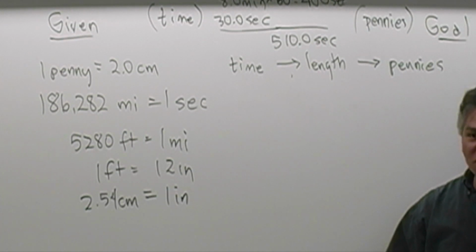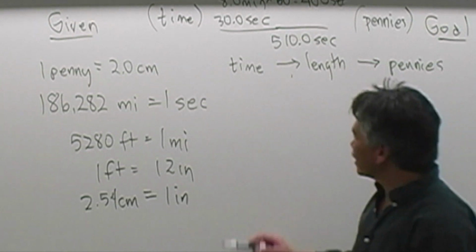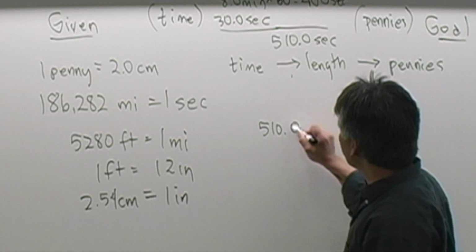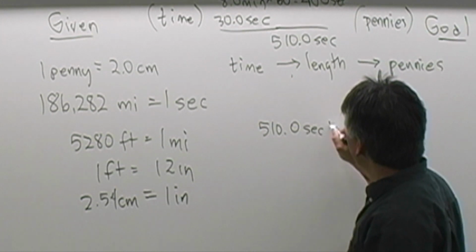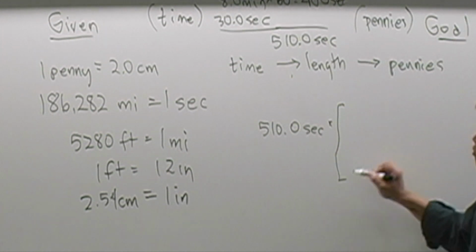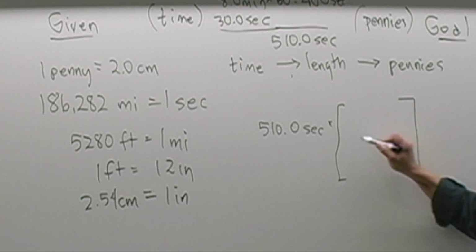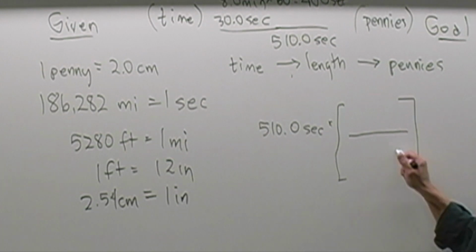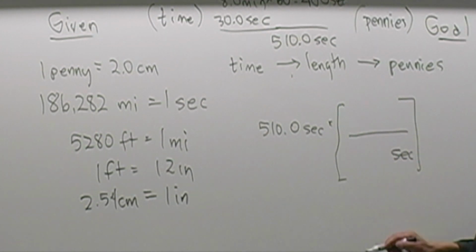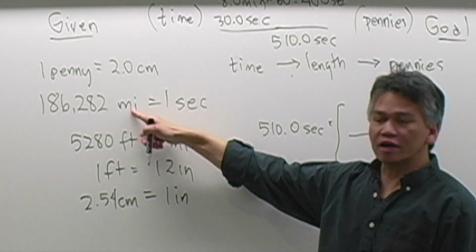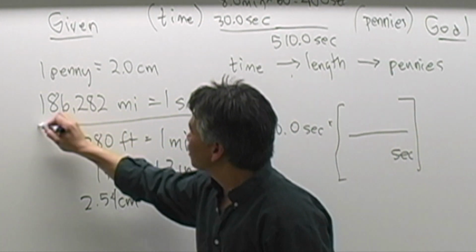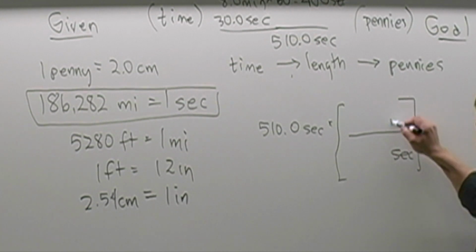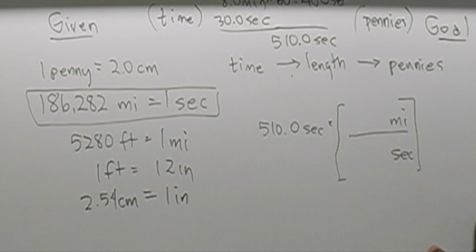You just slap down a bunch of conversion factors. You start out with 510 seconds. We multiply that by our first conversion factor. What unit goes in the bottom? Seconds. What unit goes on top? Miles, right? I will just circle that to show that it is a conversion factor I have already used.